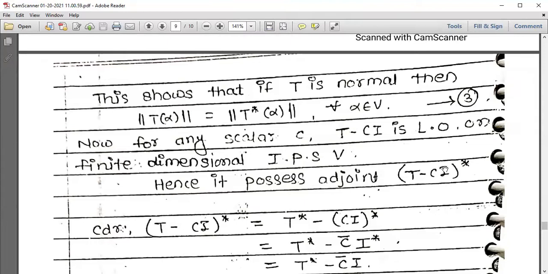Now for any scalar C, T minus C I is a linear operator on finite dimensional inner product space V. Hence it possesses the adjoint, (T minus cI) star.